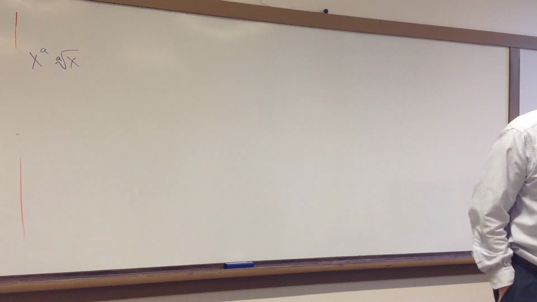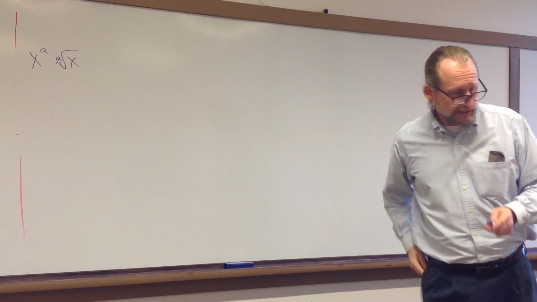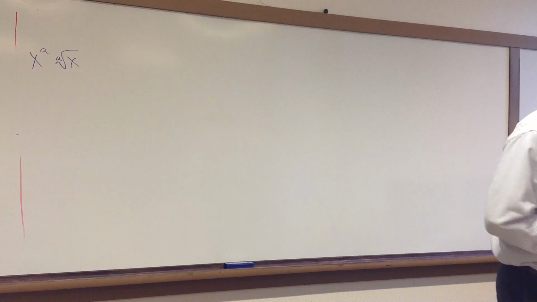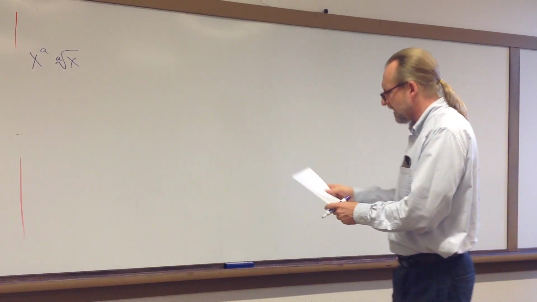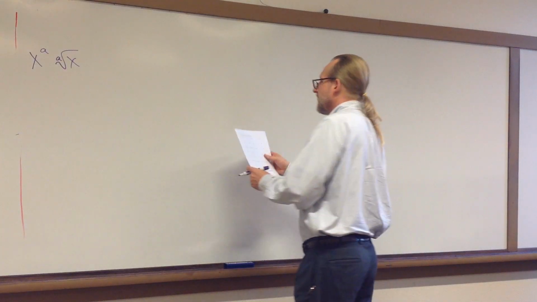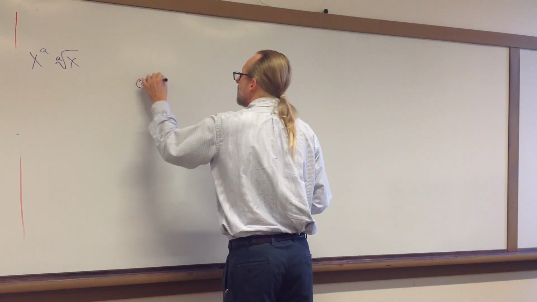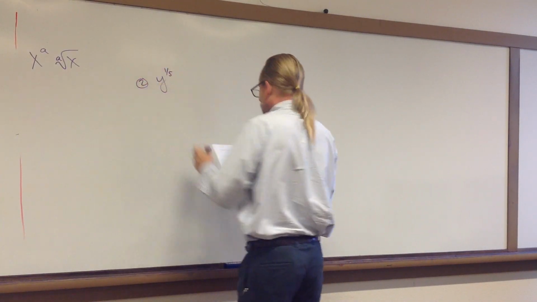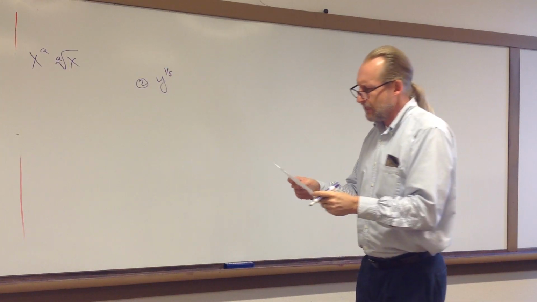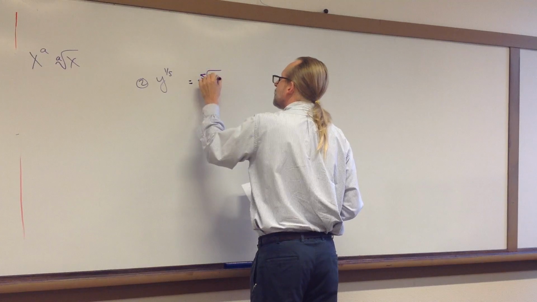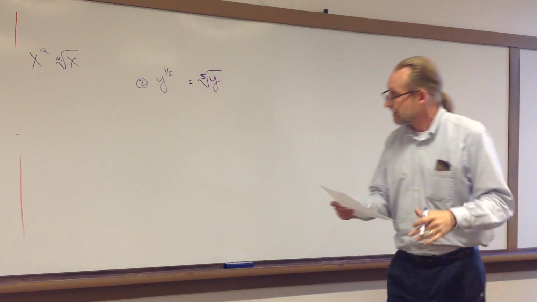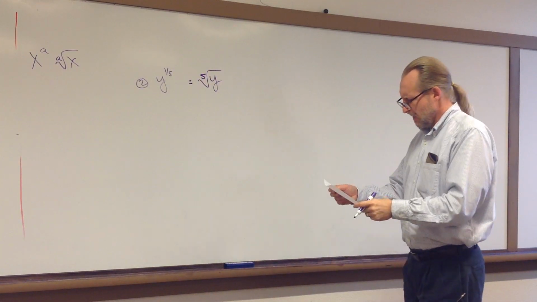Okay, so on the first page of this assignment, we have all of these expressions using fractional exponents. So let's take a look at it. Problem 2 says y to the 1/5 power, and it says write each expression using radical notation. So this is the 5th root of y. There we go. That's it.